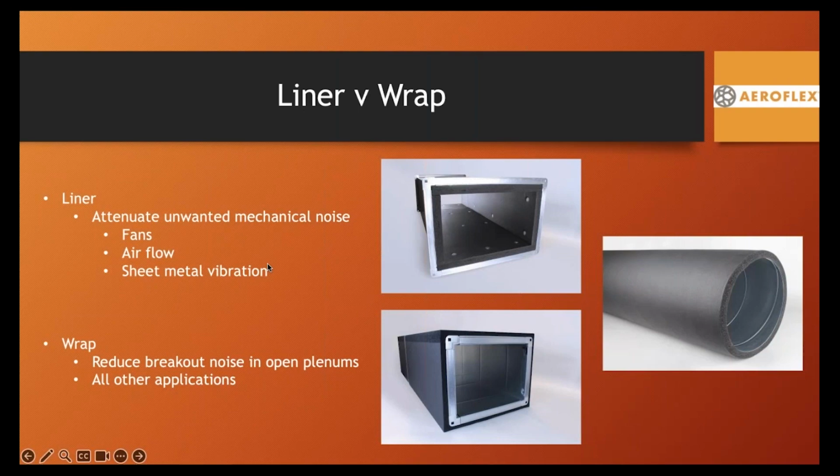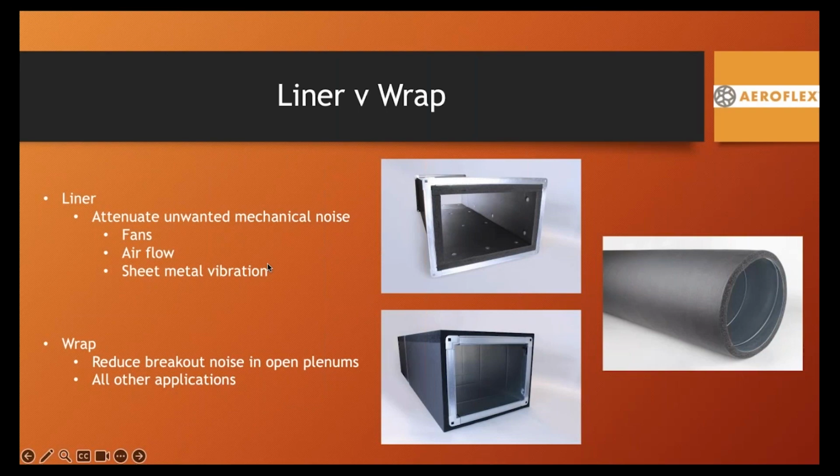Wrap, on the other hand, is generally used for all other applications, including open plenums. When we go into buildings now and you see an open ceiling that's black or white, and all the mechanical equipment, including ductwork, is up there in the ceiling, it may be wrapped to reduce breakout sound from the ductwork and to reduce reverberation.